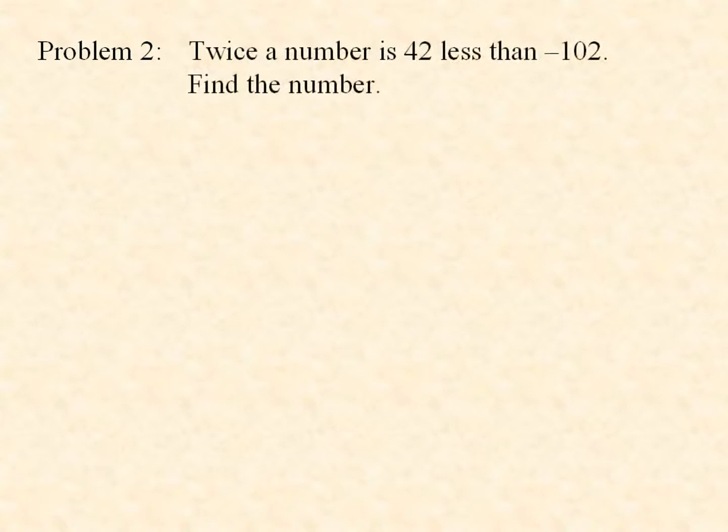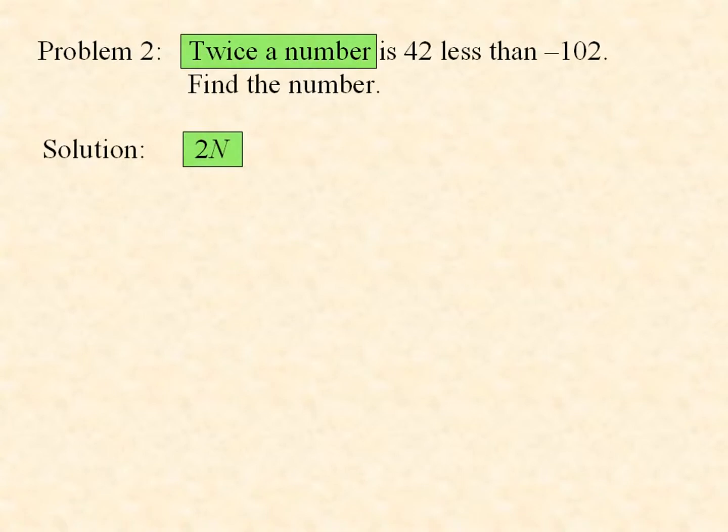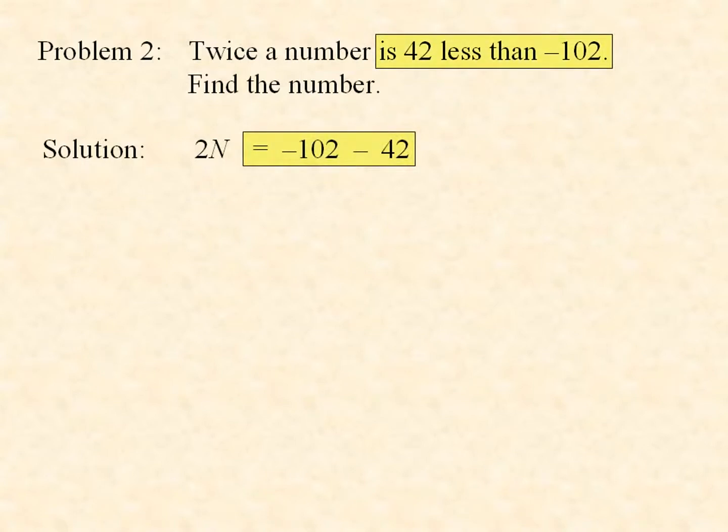Problem 2. Twice a number is 42 less than negative 102. Find the number. This is similar to problem 1, except it has a negative 102 in it. Well, twice the number is 2n, and is 42 less than negative 102 means we write negative 102 minus 42.